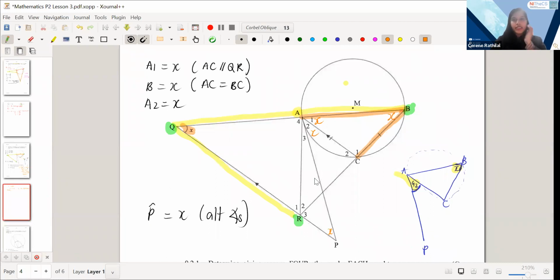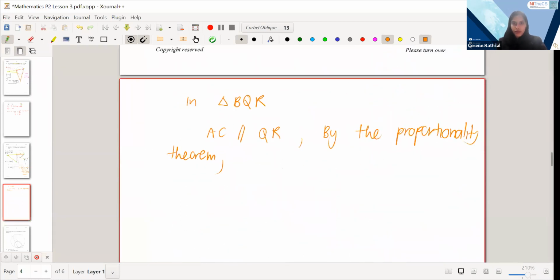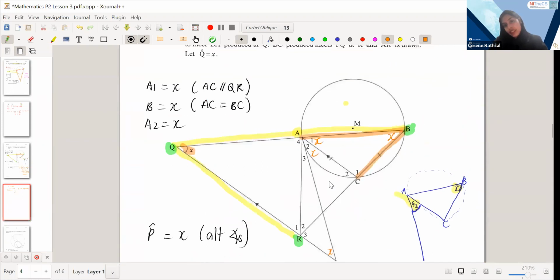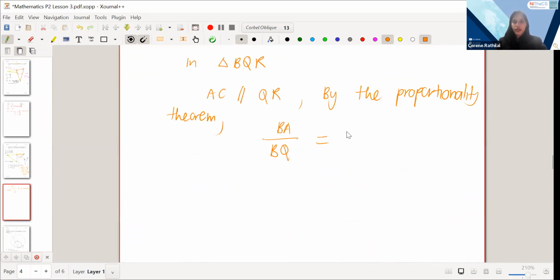I hope everybody agrees. So BA over BQ is equal to BC over BR.